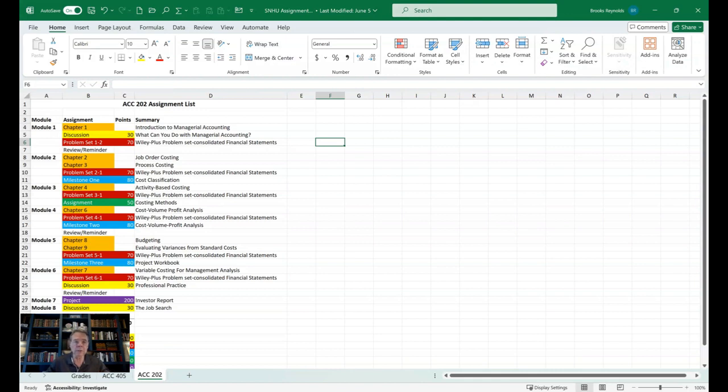My name's Brooks Reynolds. I have been teaching at SNHU for probably a year and a half, but I've been teaching at Middle Tennessee State University for probably 6 or 7 years. I am an accountant. I'm a CPA. I do taxes during tax season and I do a little teaching, but for the most part, I am mostly retired.